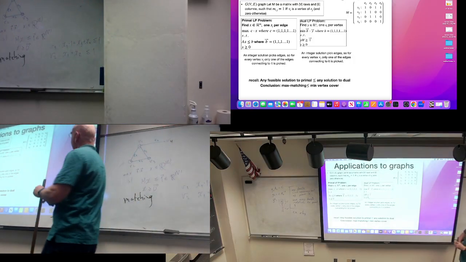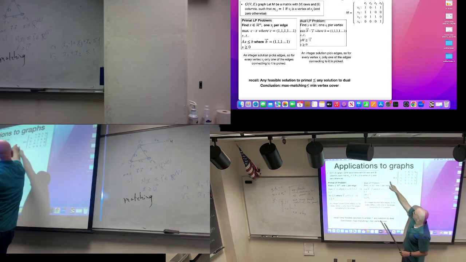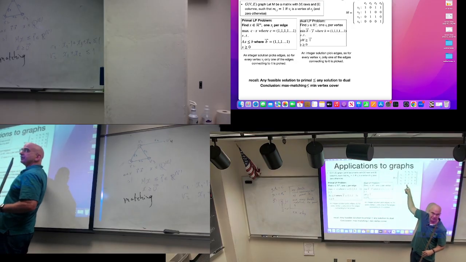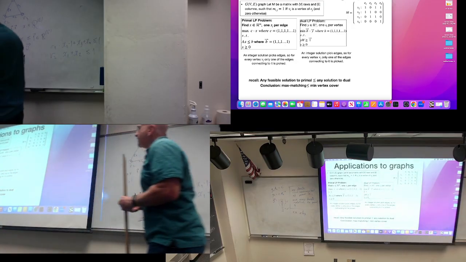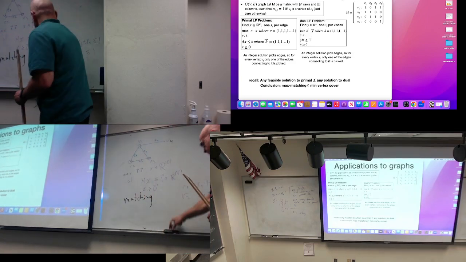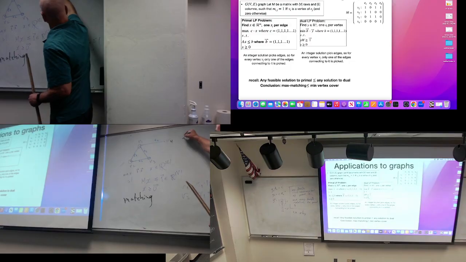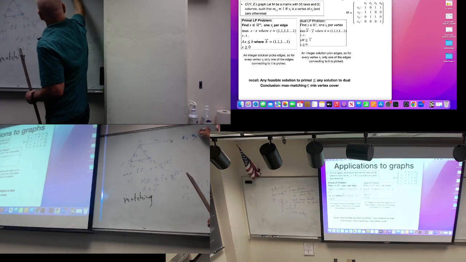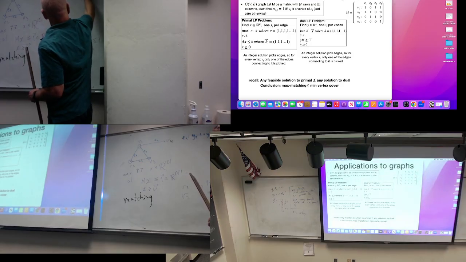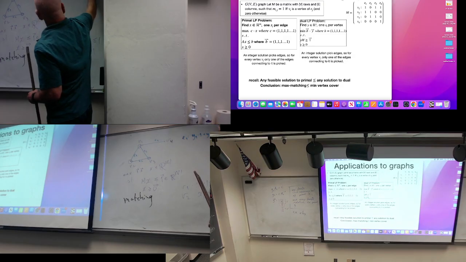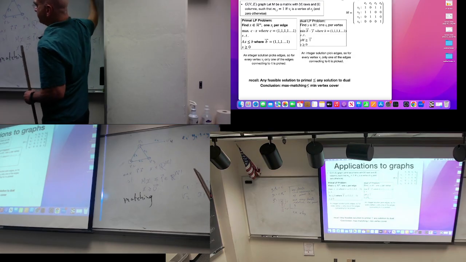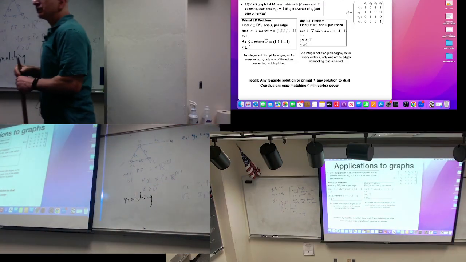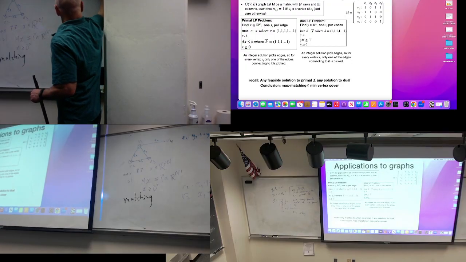Since now I multiply by y, something should happen for every edge. For every edge, let's look at the edge E1. What are its constraints? y1 times 1 plus y2 times 1 plus 0 should be, and in this case, notice primal and dual, the direction of the inequality switched, larger or equal than 1.